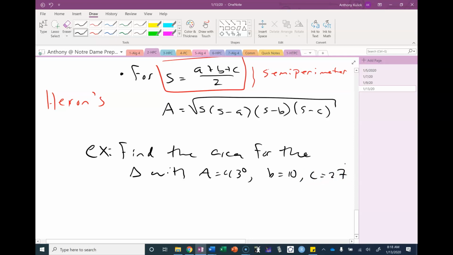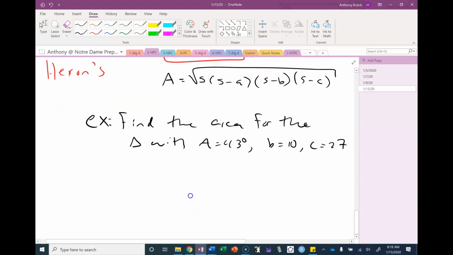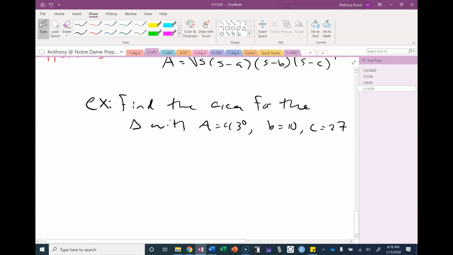So let's say we want to find the area for the triangle with angle A equal to 43, side B equal to 10, and side C equal to 27. Which of our area formulas should we use here? We're going to use this one, right?